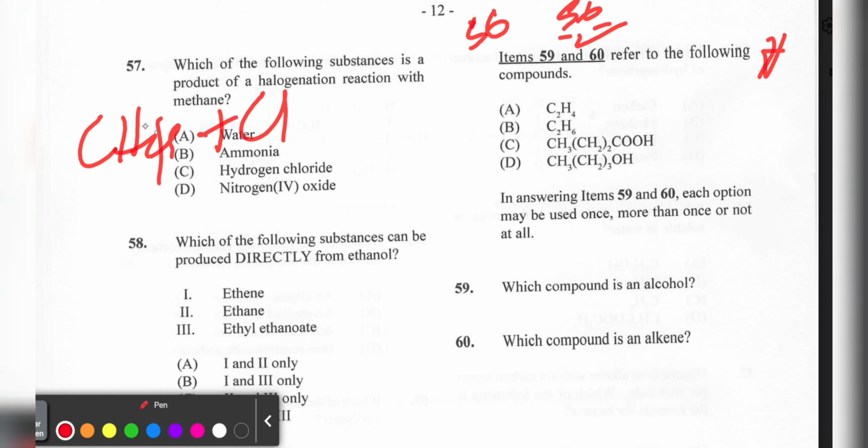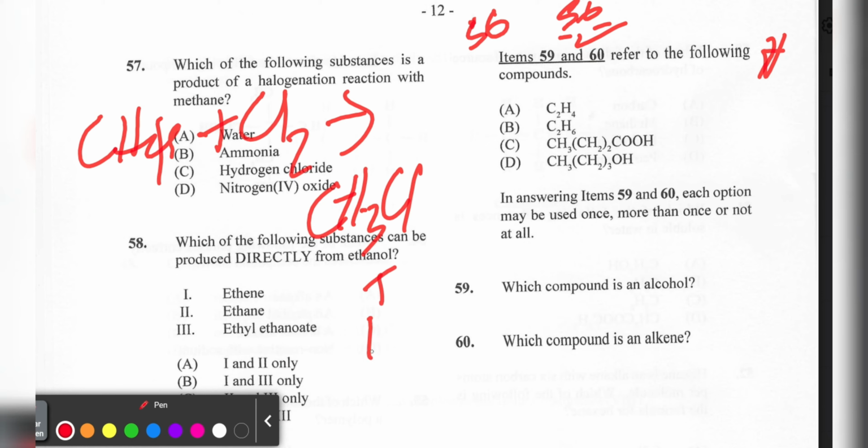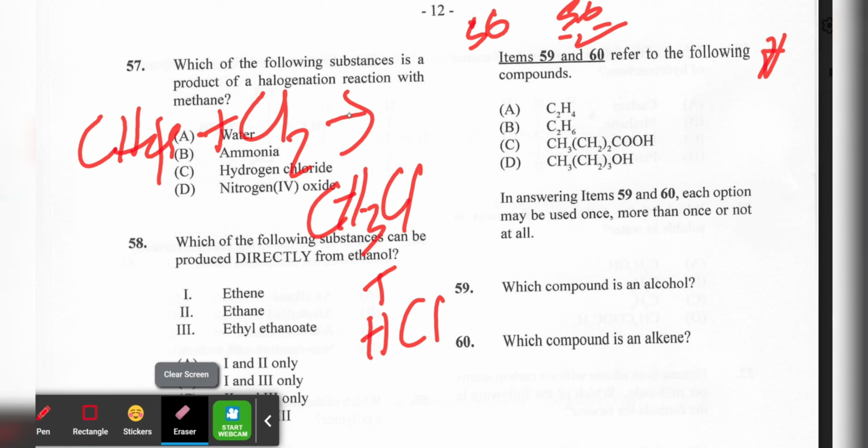What happens is that it's an addition reaction. So it's not an addition reaction, it's a substitution reaction. So one of the hydrogens will be replaced by a chlorine. Okay, so what you're going to end up with is CH3Cl, and the hydrogen which was lost is going to combine with the other chlorine to give you HCl, which is hydrogen chloride. So your answer there is hydrogen chloride, and I'm just going to clear that up here so you can see all of that. So hydrogen chloride right there is your answer.